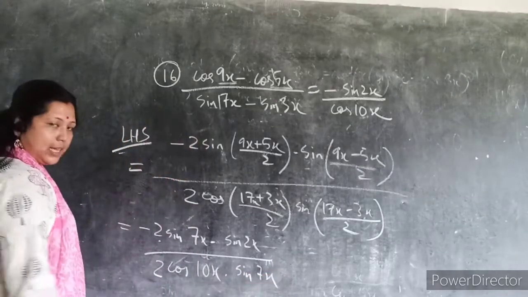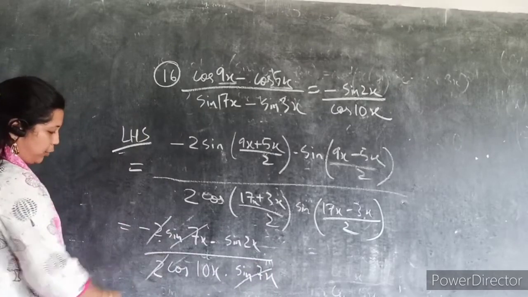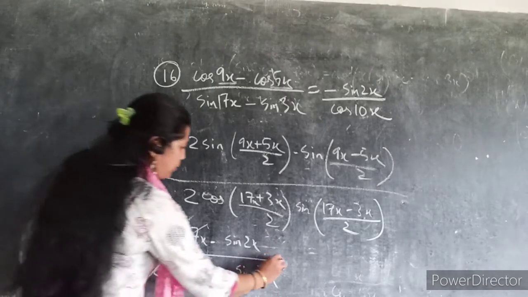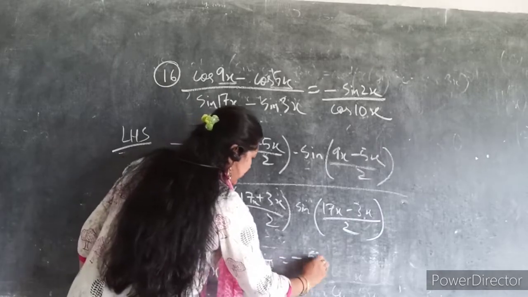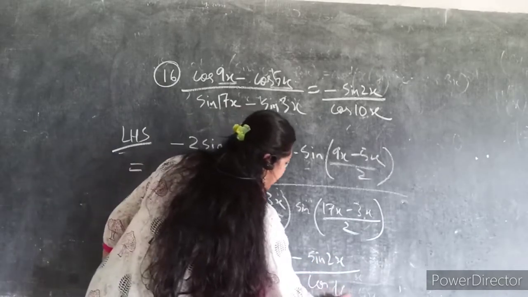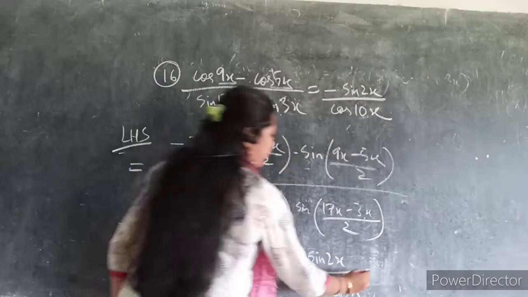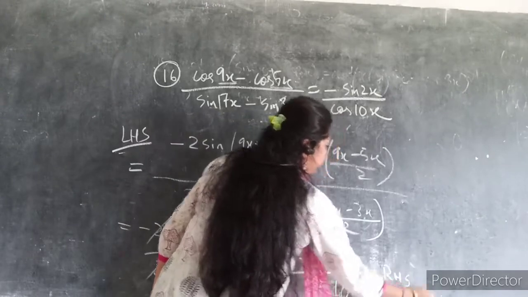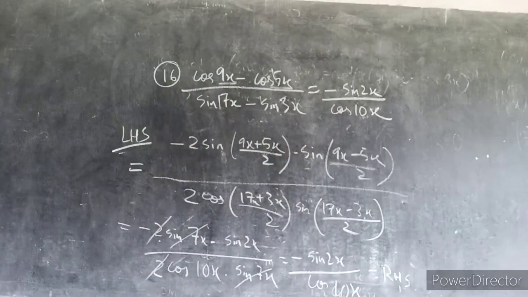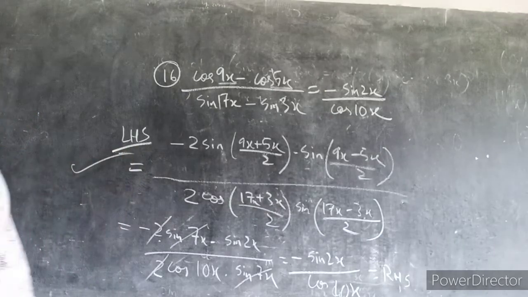So if you see, this part and this part got cancelled, 2 and 2 is cancelled. So on the numerator you are having minus sin 2x divided by cos 10x. So that is equal to your right hand side, is it not? Okay, that is so easy. So on your first line, you apply the formula and you are getting the resultant answer to this question number 16. Okay, student.